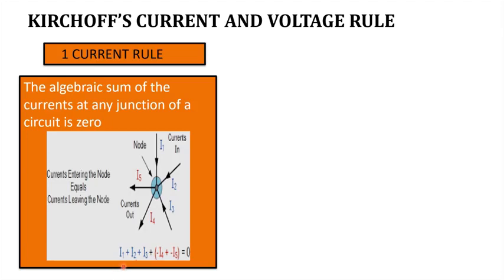So I1 plus I2 plus I3 minus I4 minus I5 is equal to 0. That is, the algebraic sum of the currents at any junction of a circuit is 0.